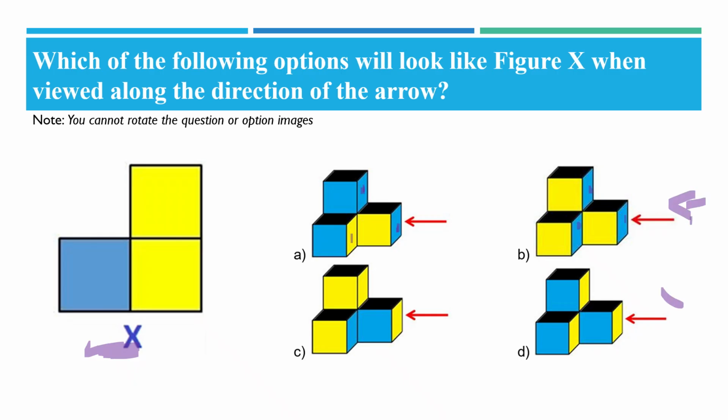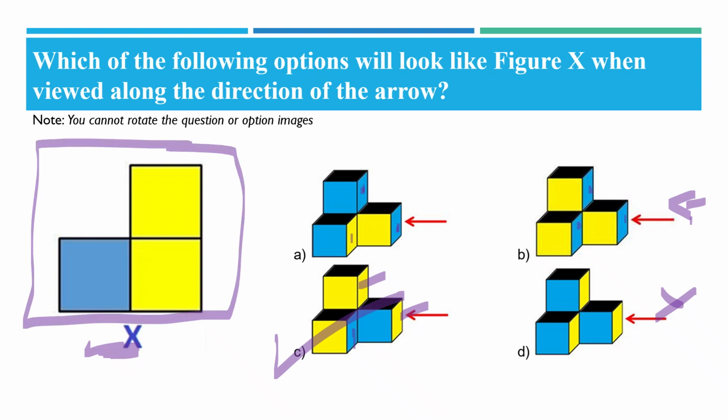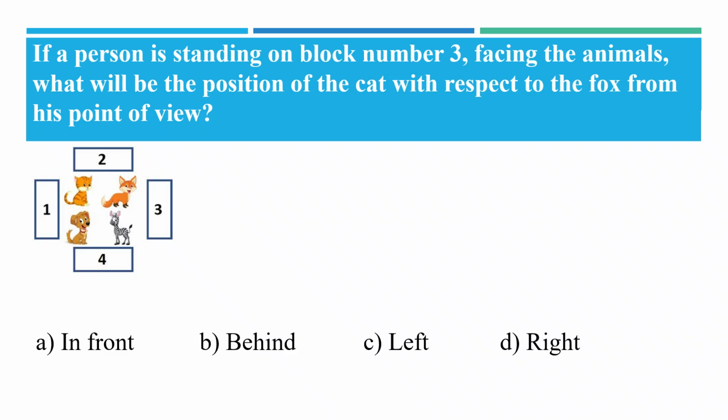And here all are yellow. And here I have yellow, yellow, and one blue. So I go with option C. Option C is the right answer. This X, the image given, is the right side view of option C. Great. Moving on to the next question.